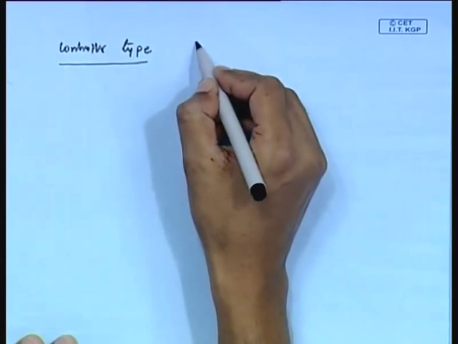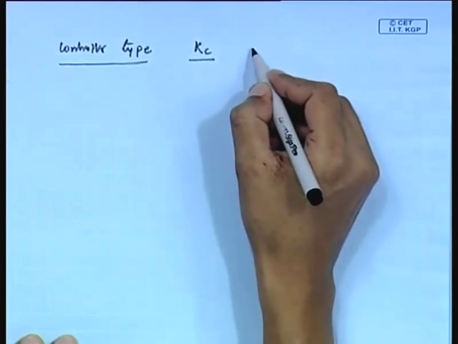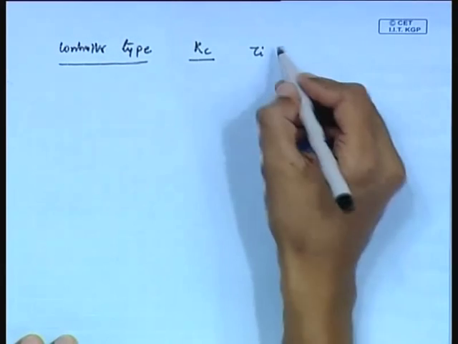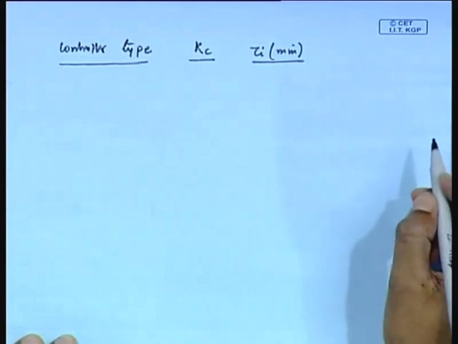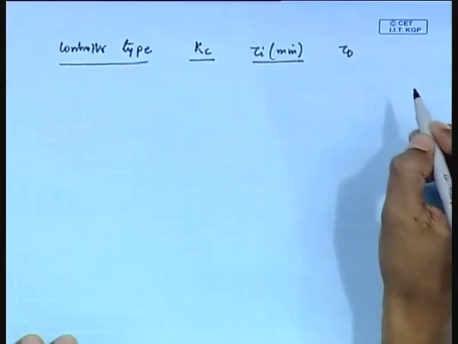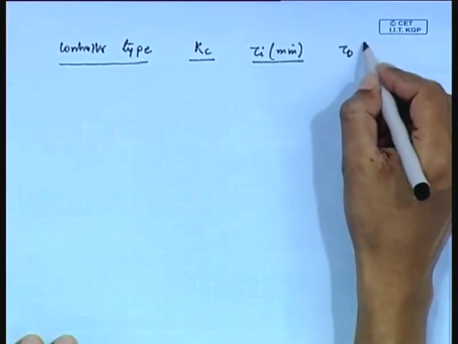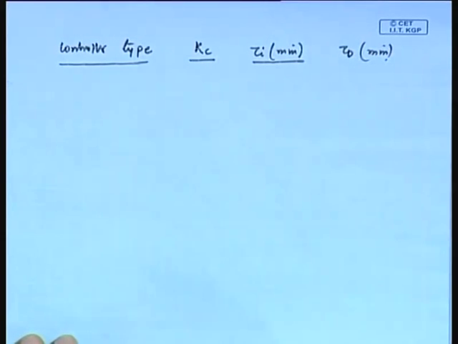Controller type, proportional gain Kc, time constant tau I in minute, derivative time tau D in minute.